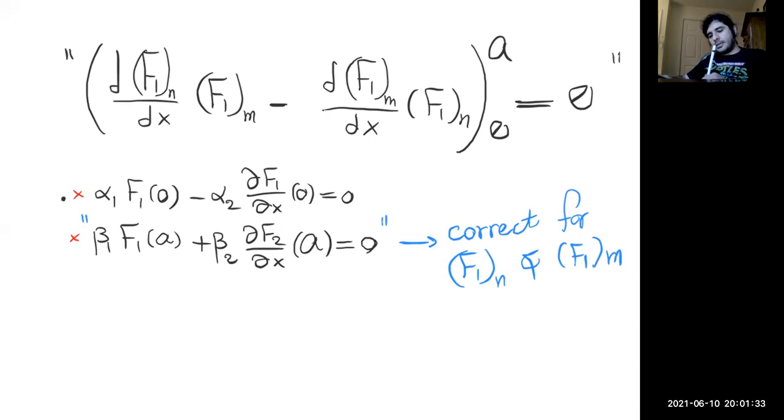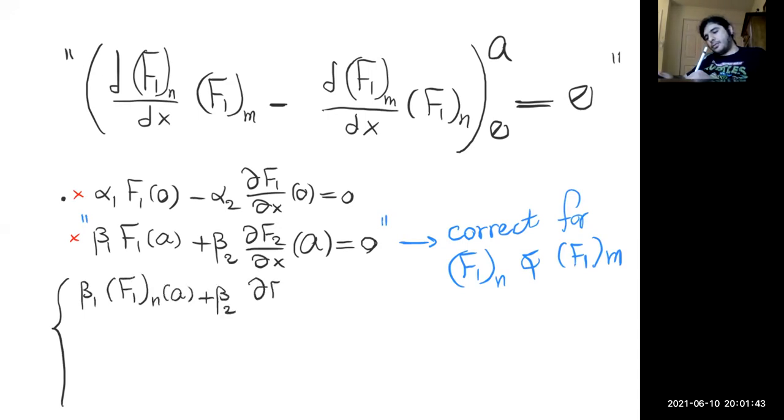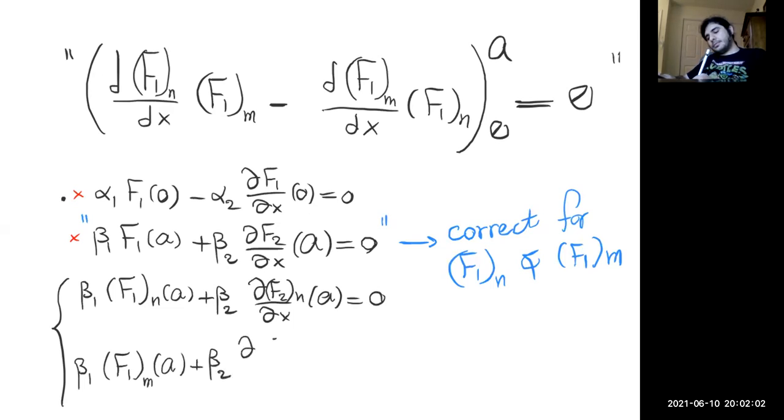So let's just write that. So beta 1 f1n of a plus beta 2 partial f1n partial x at a should be equal to 0. That's one. The same thing should hold for f1m. So I would just write down the same thing for f1m.